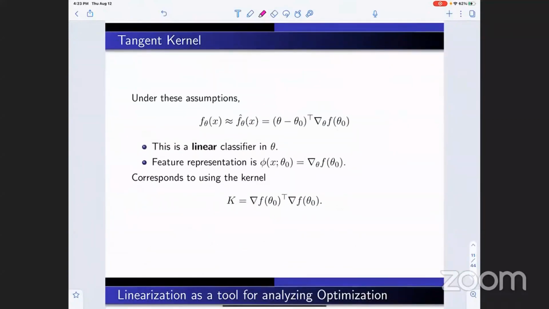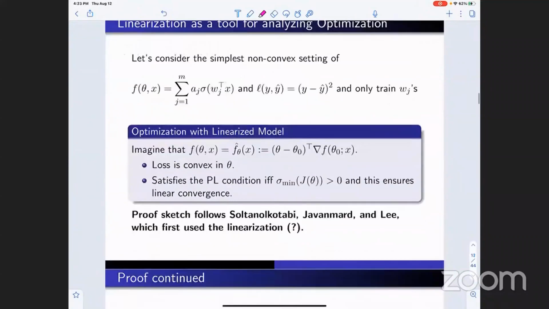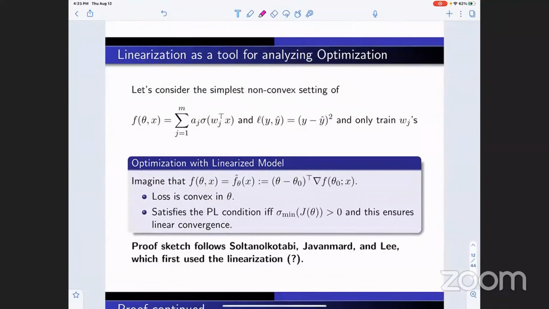Then if you have any convex loss function, or any loss function really, you can kernelize it and it's equivalent to solving a kernel machine with this kernel here. We're not going to talk today much about kernel methods and their statistical properties. Instead, I'm going to focus on linearization mostly as a tool for analyzing optimization.